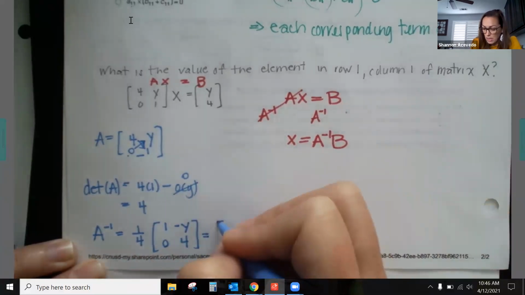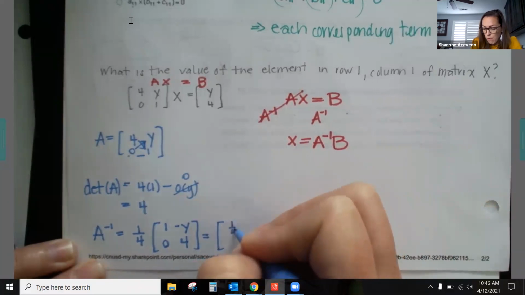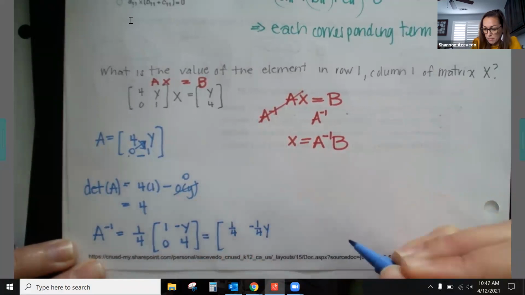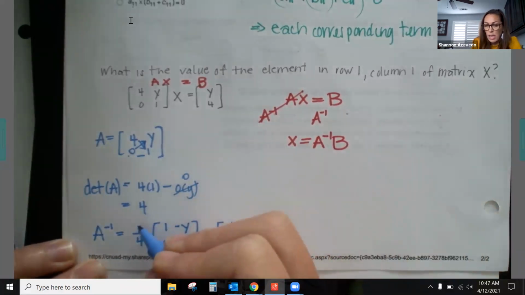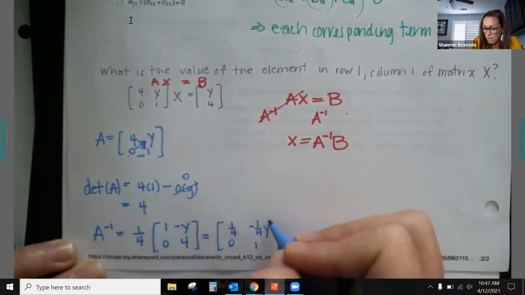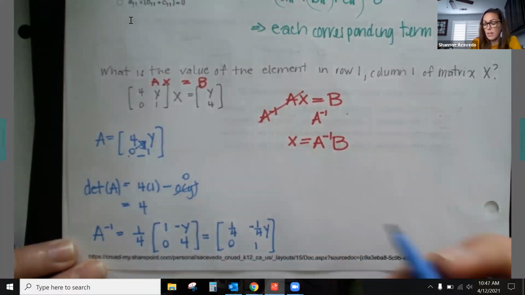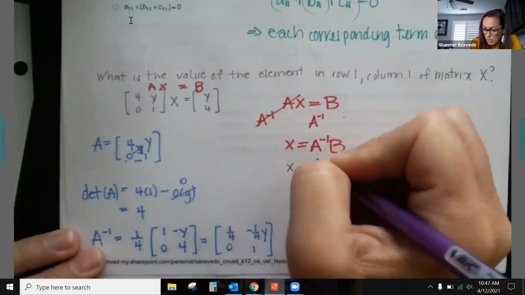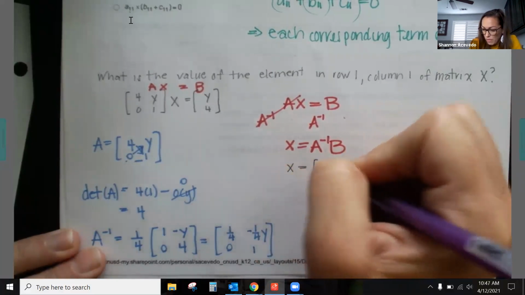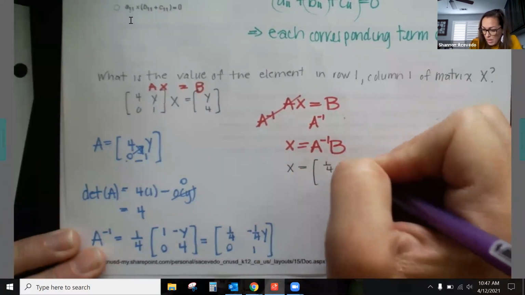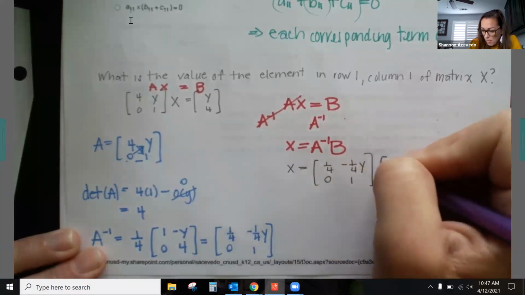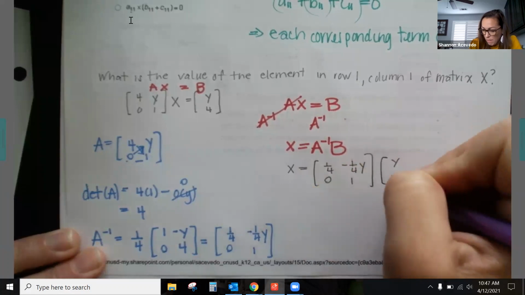So my inverse is 1/4, negative 1/4 y, 0, and 1/4 times 4 is just going to be a value of 1. So I end up with X is equal to [1/4, negative 1/4 y; 0, 1], and I'm going to multiply that by [y; 4].